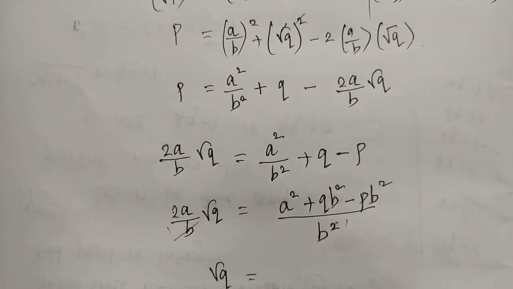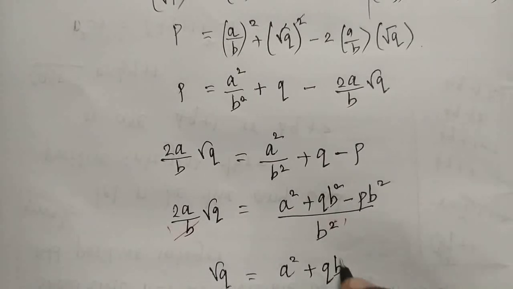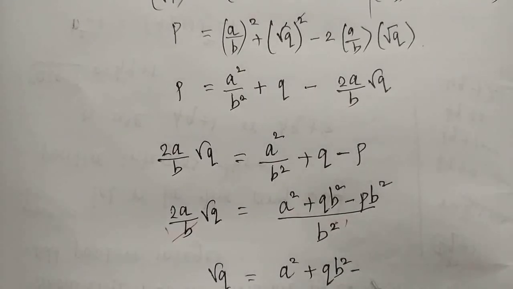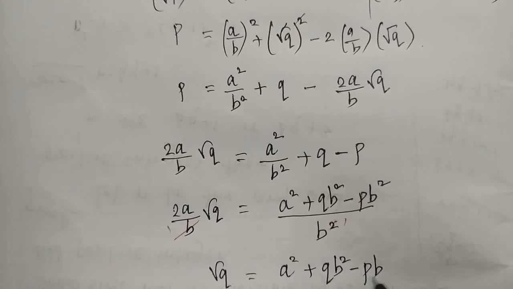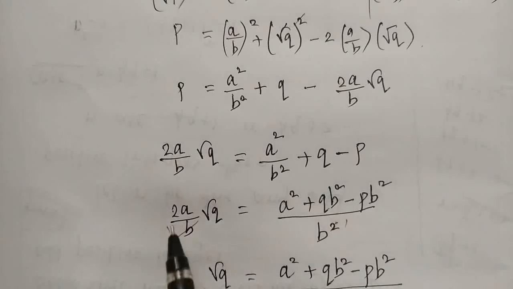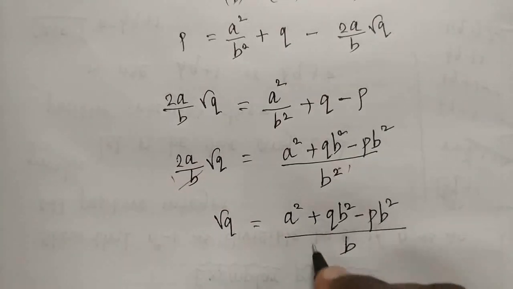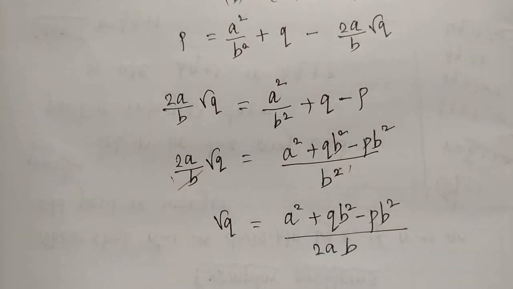So root Q equals A square plus Q B square minus P B square divided by 2A times B.